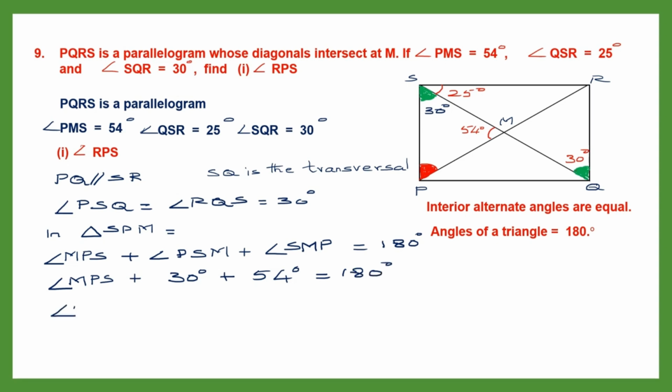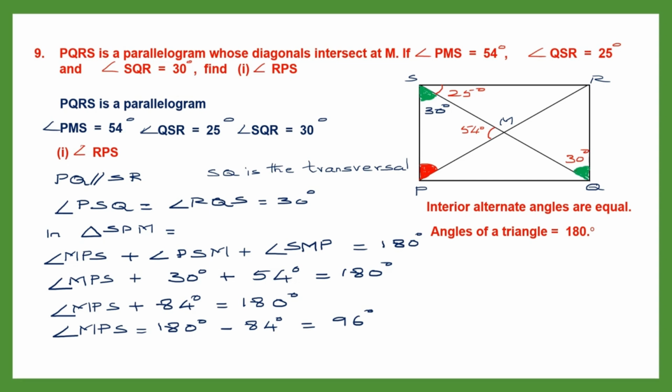So to find angle MPS, 54 plus 30 is 84 degrees. This is equal to 180 degrees. So angle MPS will be equal to 180 degrees minus 84 degrees, and that is equal to 96 degrees. That means we have found this angle to be 96 degrees. So let's write that.